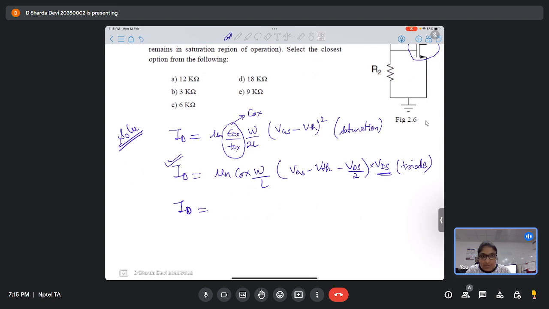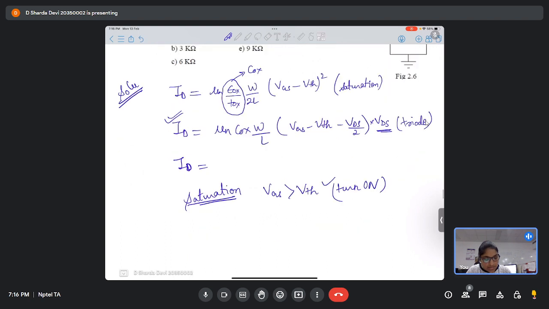Is this clear what I am trying to say? So what is the condition for saturation? This is the easiest one: VGS should be greater than VTH. This is to turn on the transistor. Now what is the actual condition for saturation?